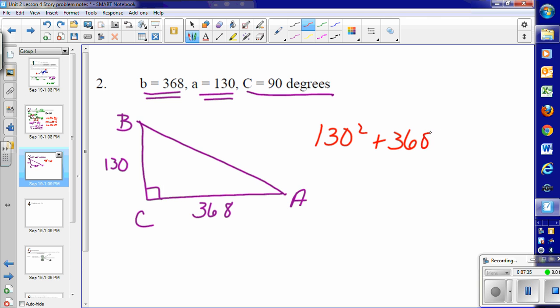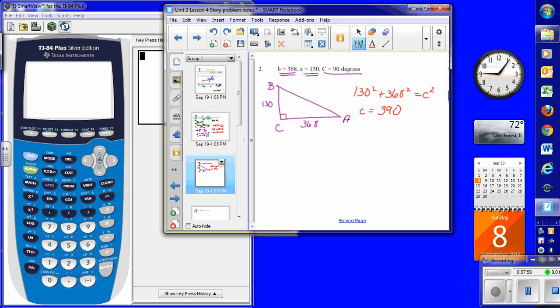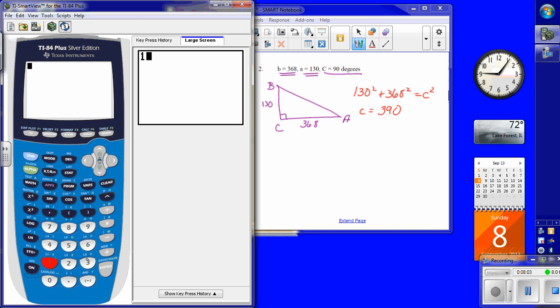So if we do the Pythagorean theorem, we should be able to find that missing side, which is the hypotenuse. We should get 90. Okay, let's just make sure that we know how to do that on our calculators, okay? Lost track of where my calculator is on the screen. Oops, I bumped something. Here it is. Okay, so 130 and 368.